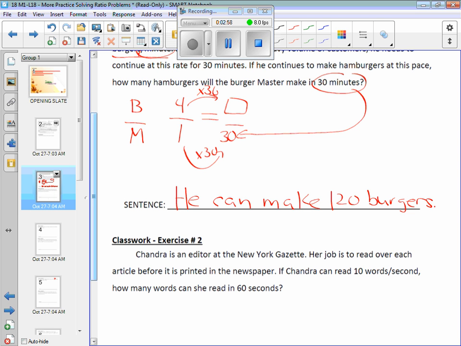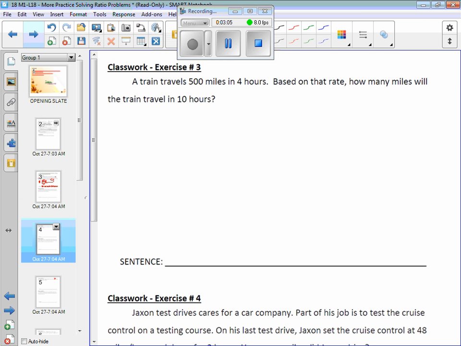I want to skip 2 and I want to go to 3, because 3 is a little different. Read it quietly to yourself and tell me what the template should be. Okay, so do you have a template?